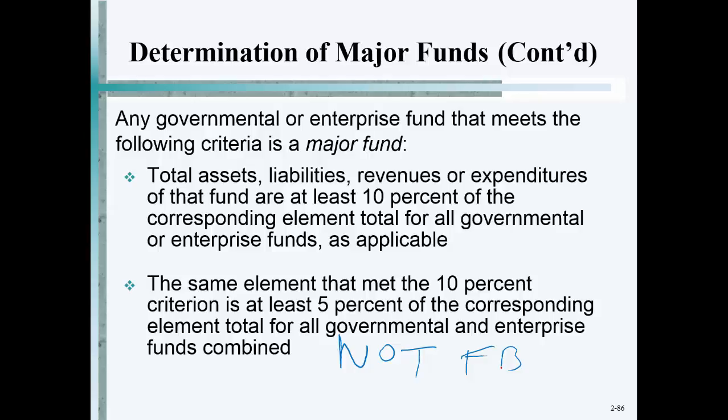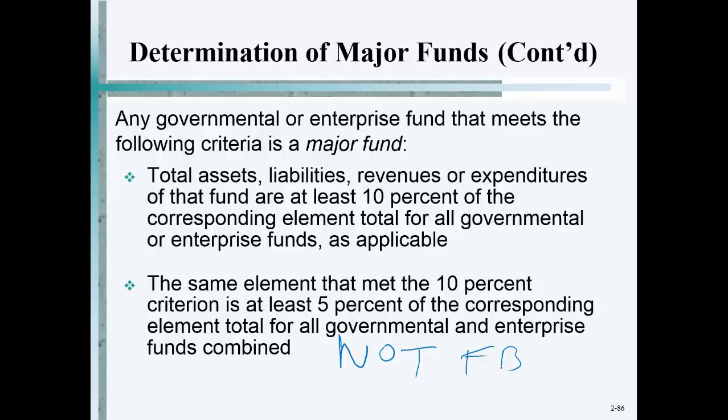Okay? Have you guys studied segment reporting at all? Segment reporting? No? Okay. The SEC requires that public companies report information about their segments, okay? And the way a company would know if they have to report information about their segments is if they meet a 10% size test, and the 10% size test is for revenues, it's for assets, and it's for profit or loss.